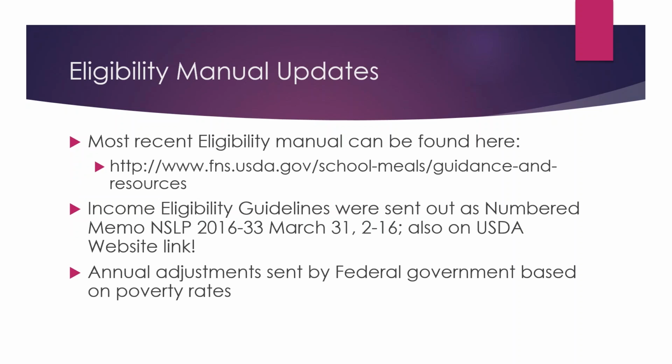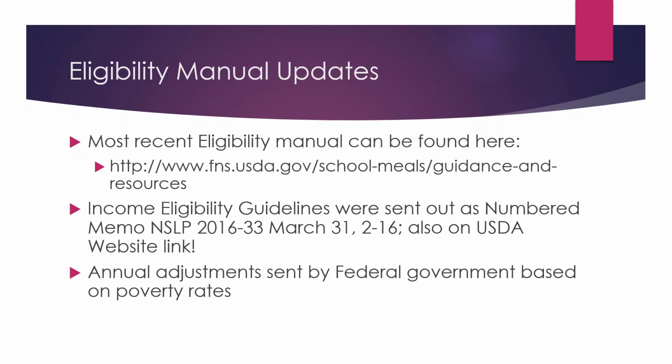So the Eligibility Manual is updated every year by the USDA. The most recent Eligibility Manual can be found on the following website. Also posted is the Income Eligibility Guidelines for the current year.